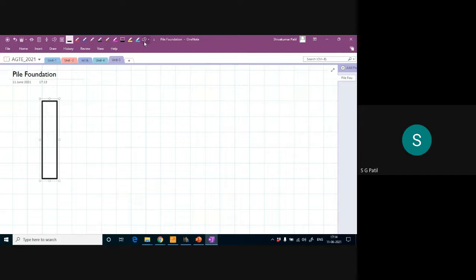This is the pile, and here we have the ground level. This is a 15 meter long pile. The length of the pile is 15 meter.